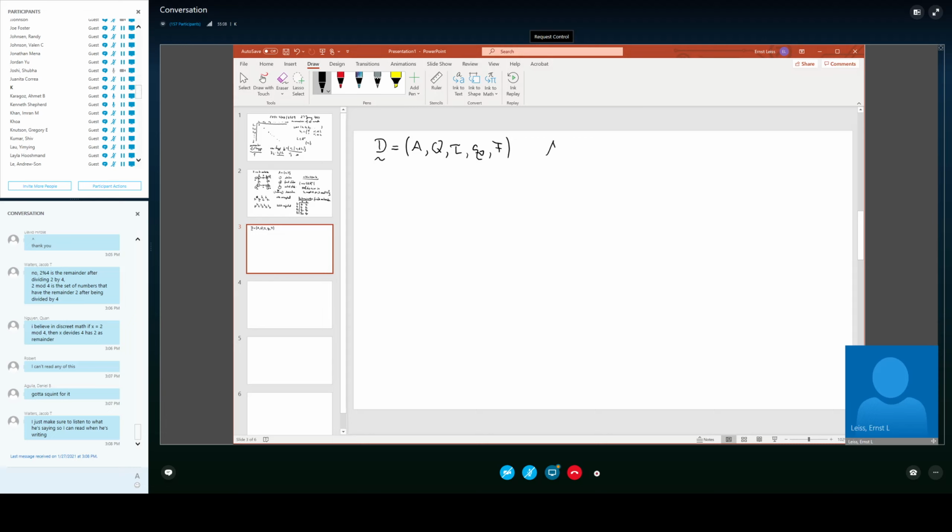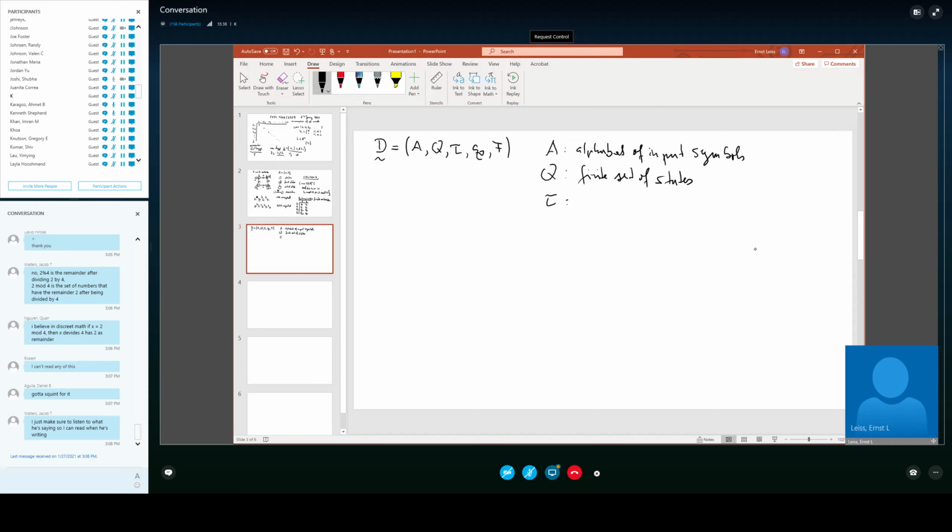So A is the alphabet of input symbols. Q is a finite set of states. It's non-empty, but that becomes obvious.